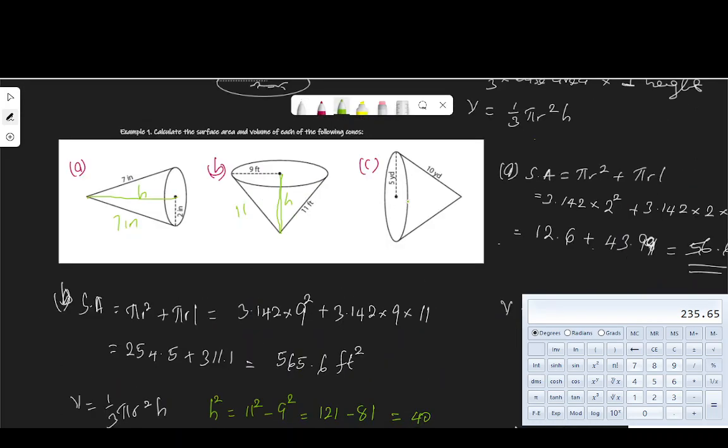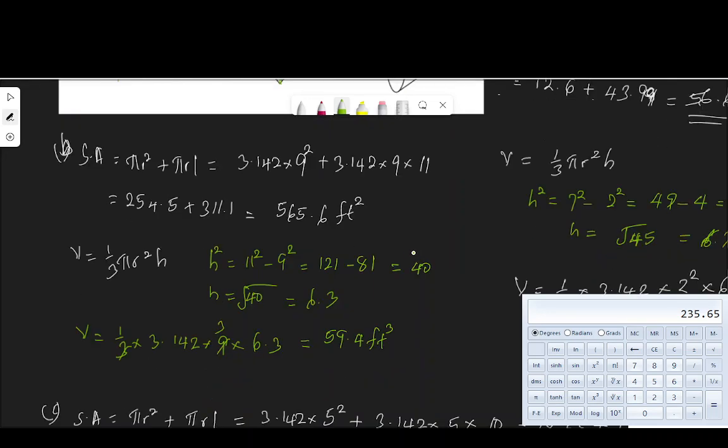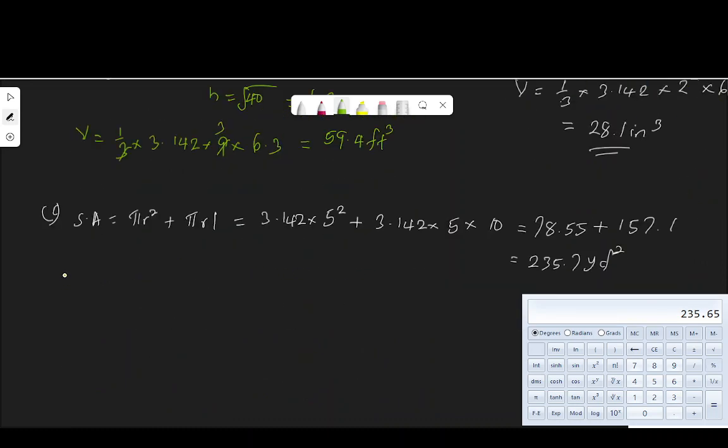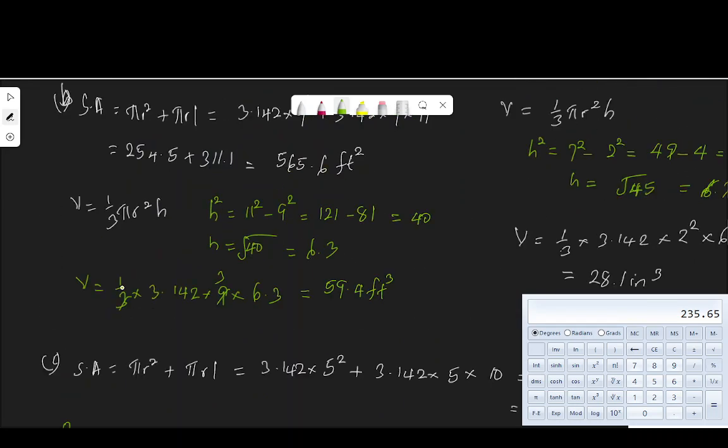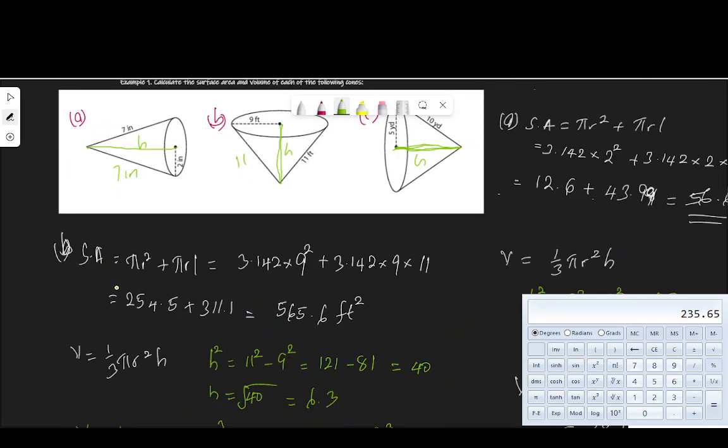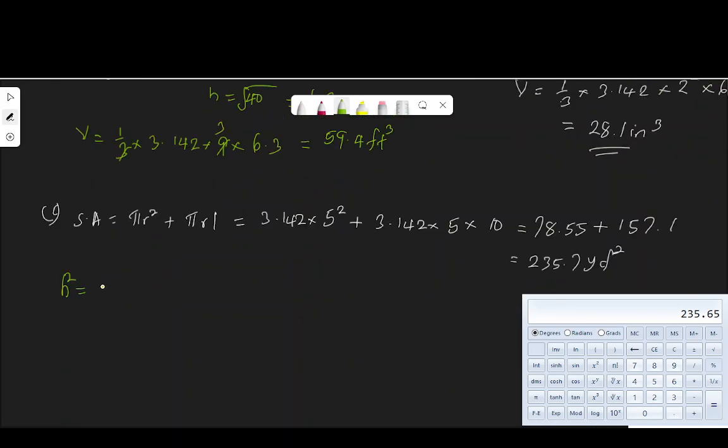To get the volume, we need to know the height first. So if I draw a line like this, this line is the height h. Apply Pythagoras theorem to get the value of h. This is a right angle triangle. I'll have h square equal to 10 square minus 5 square. 10 square is 100, 5 square is 25, and that is 75.